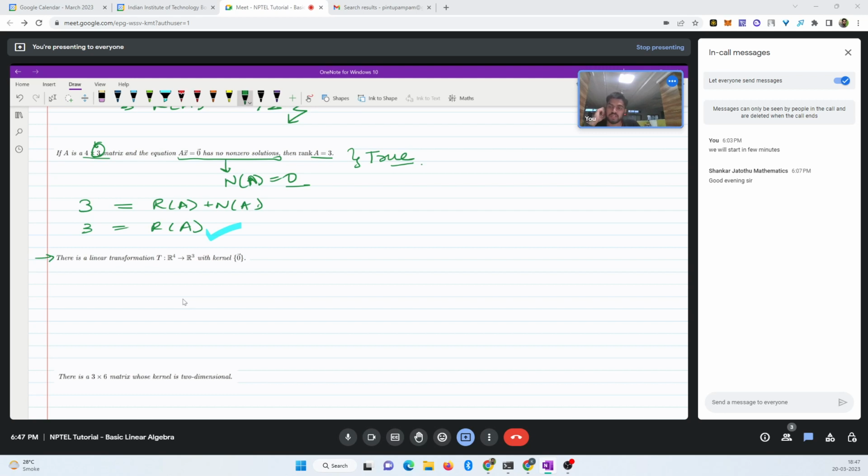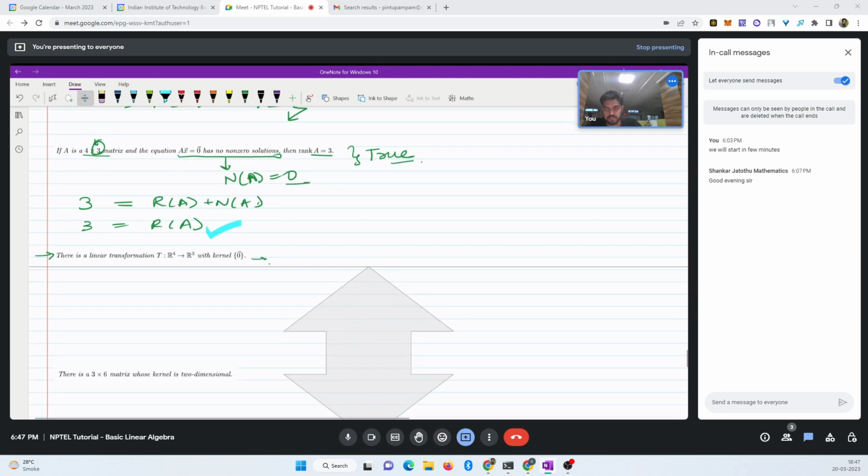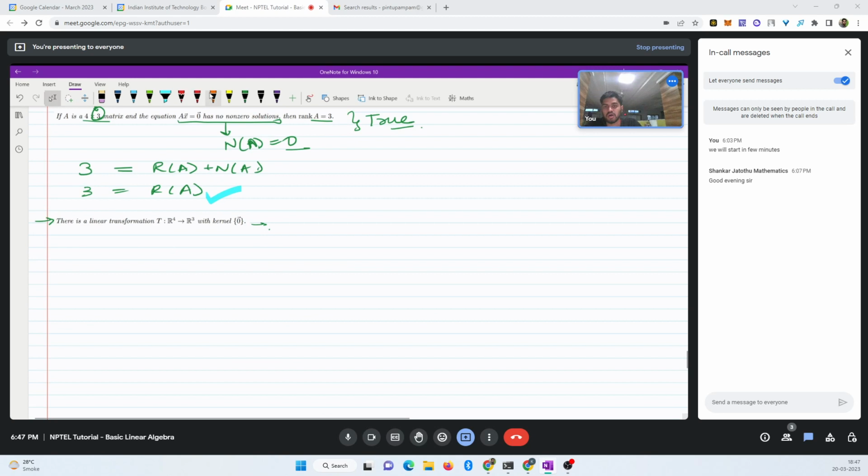It says that there is a linear transformation T such that its kernel is 0. There are a few new notations over here. I'm sure Professor Rana will convert T to some matrix in a later part of the course.